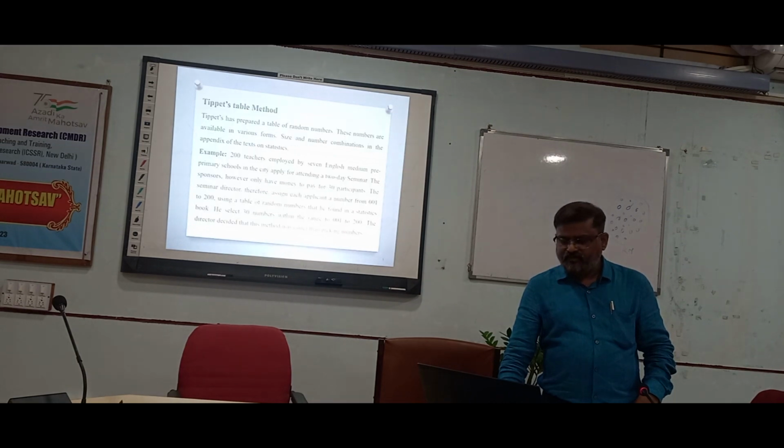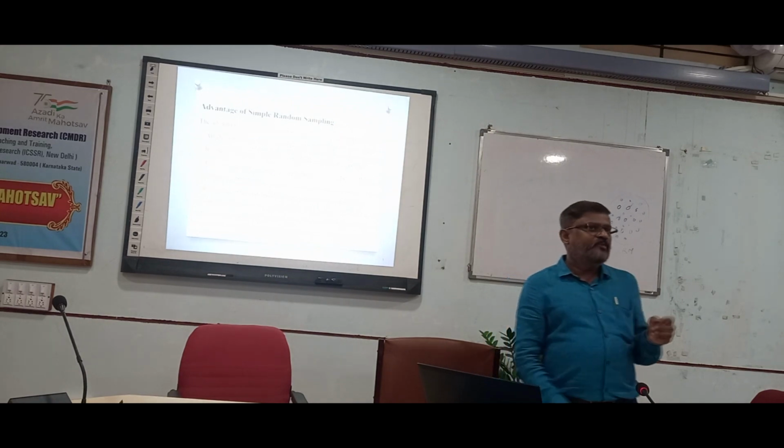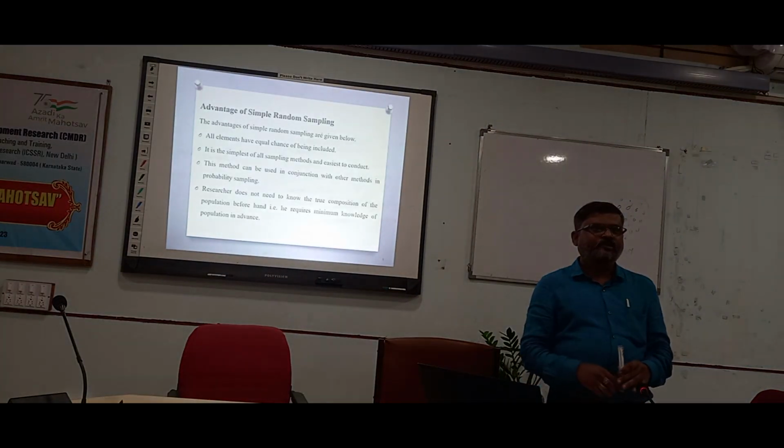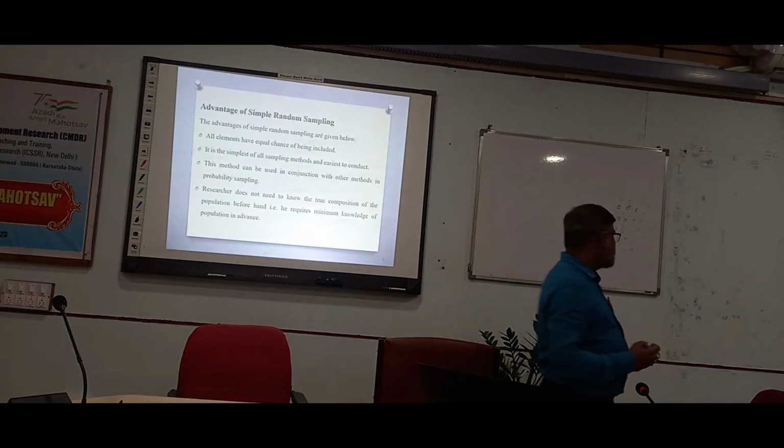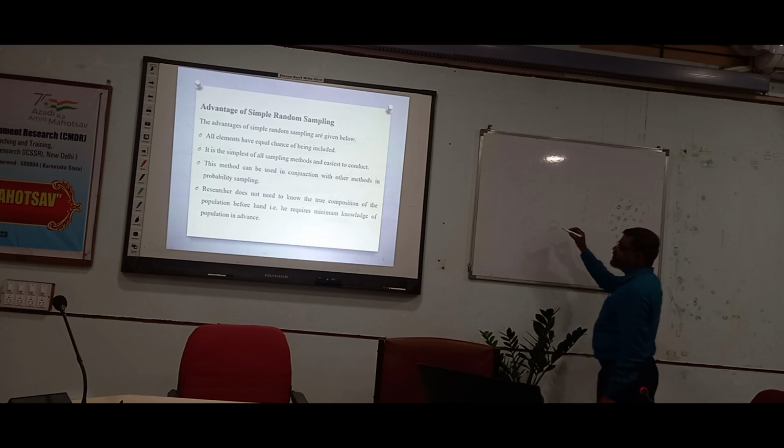systematic random sampling. We do it with the same method, but this one is completely different. Suppose there are 1 to 50 people and we are planning to collect 20 samples out of it.